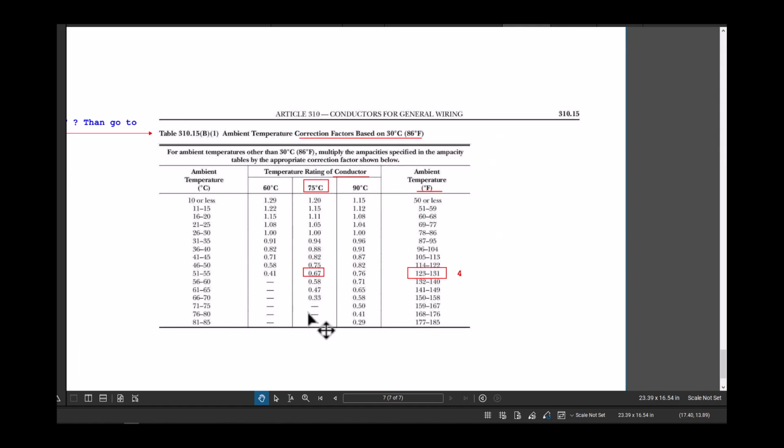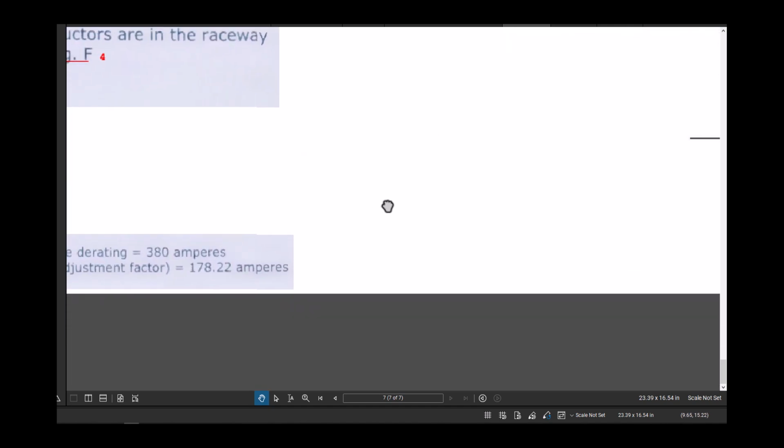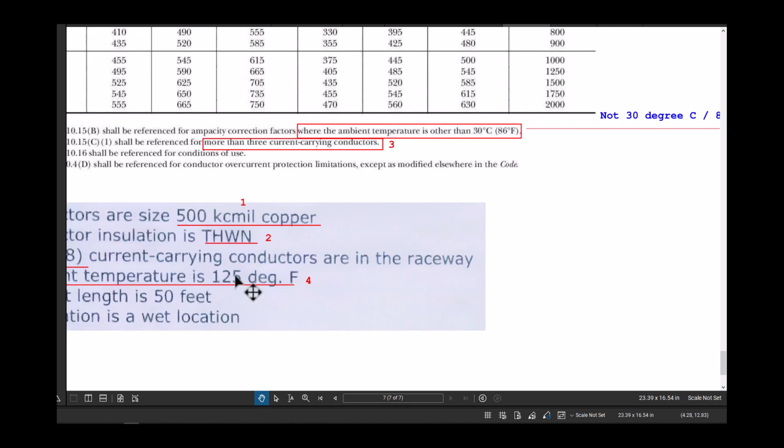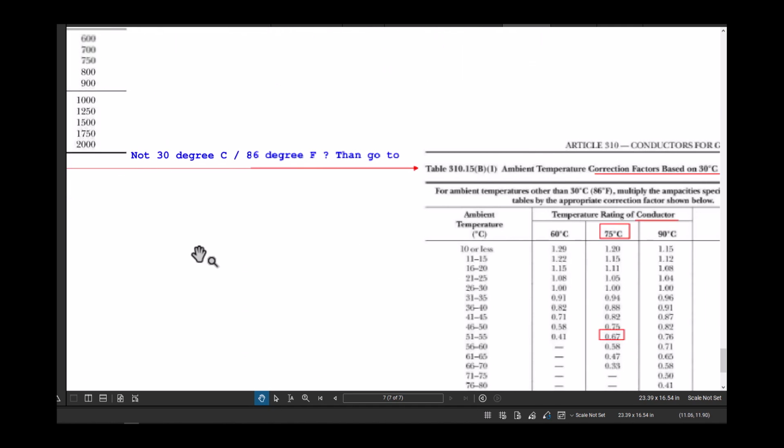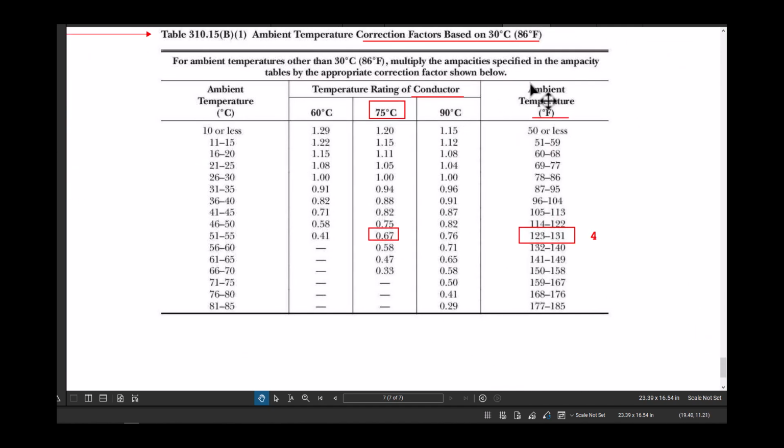Now, what is the ambient temperature in the question? 125, am I right? It is 125 degrees Fahrenheit. We go to the Fahrenheit section. This is a Fahrenheit section, this is a Celsius section. Don't confuse this in your exam. 125 is between these two ranges. Then I put the number 4. Then when we go straight, we have 0.65.